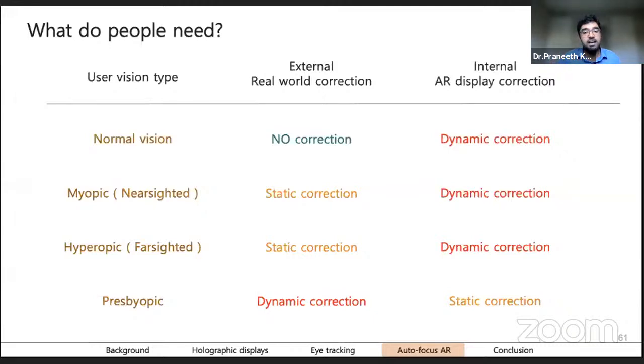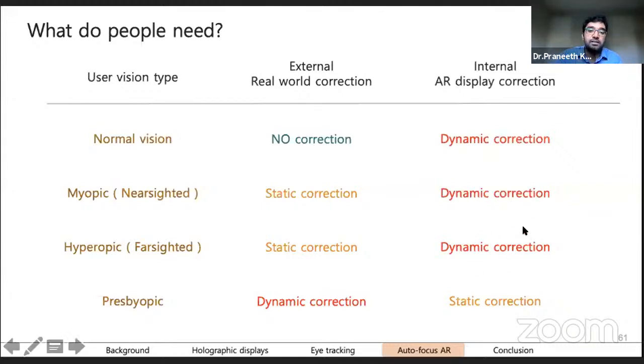Either the AR display needs to show images in 3D depth that are spatially registered, or it shows dynamic correction, something like a variable focus display. Whereas a person who is nearsighted or farsighted needs some amount of static correction, just like the prescription lenses that we wear generally.